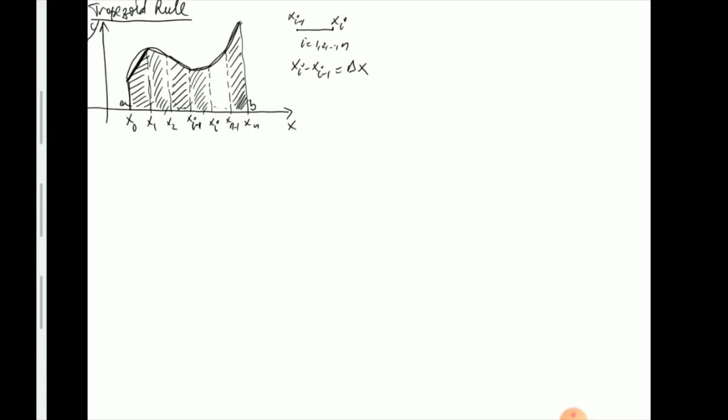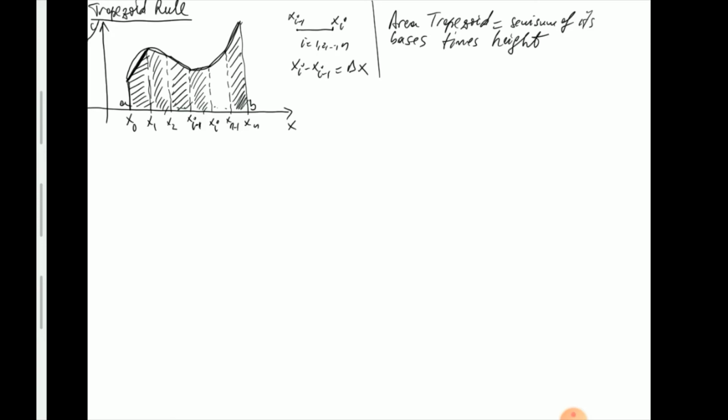So all I have to do now is to come up with formulas for the areas of the trapezoids and add them up together. In case you forgot, the area of a trapezoid is equal to the semi-sum of its bases times the height.